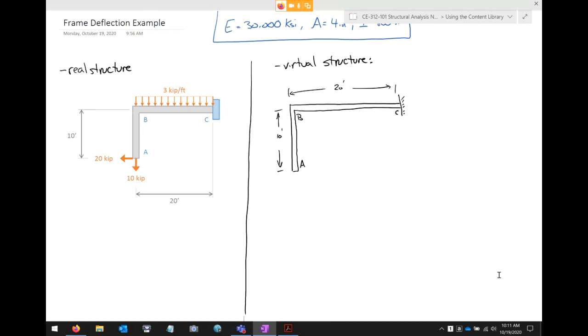Well, what would have happened to our final answer if we assumed compression is positive? The answer is nothing, because if you're looking at your real structure and your virtual structure, and you change your assumption so that compression is positive, as long as you do the same thing on the virtual structure, the sign convention washes out.